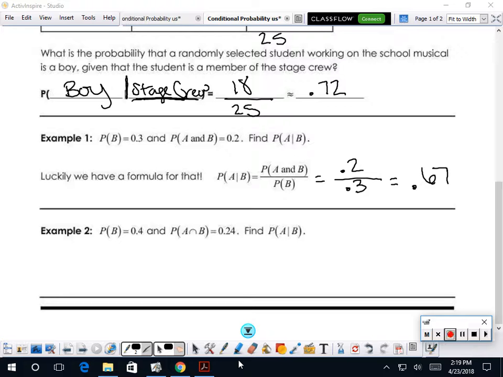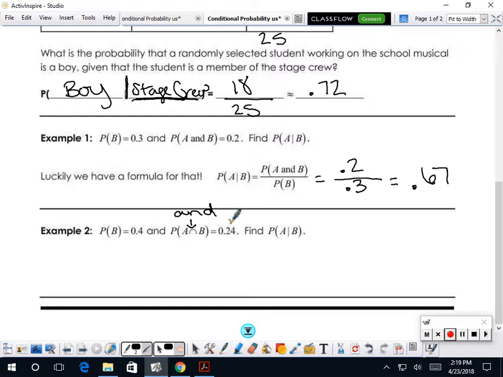Alright, so looking at example 2, we have the probability of B equals 0.4, and the probability of A, and then that symbol there is intersect B, equals 0.24. Find the probability of A given B. Okay? Anytime you see this symbol here, the intersection, that's the same thing as saying the word and.